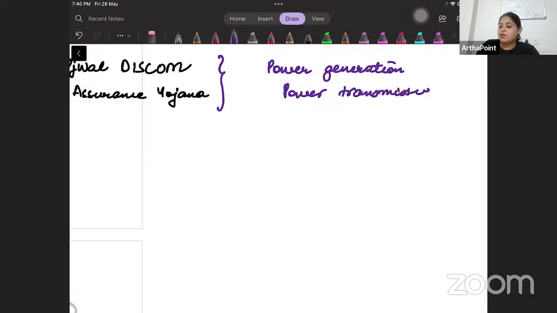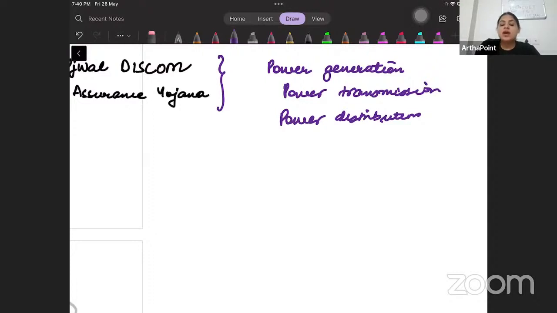And last होता है power distribution. Power sector has 3 parts: generation, transmission and distribution. जो discoms होते हैं वो power generation का काम करते हैं. They go ahead and they look at power generation part, right? Is this clear? So that is the role of the discoms.